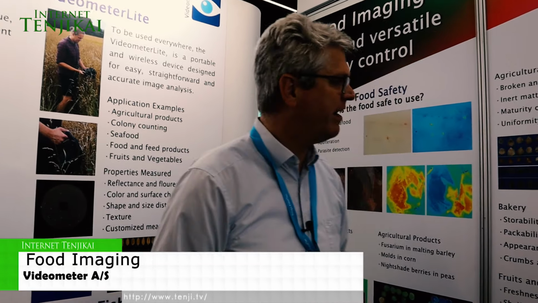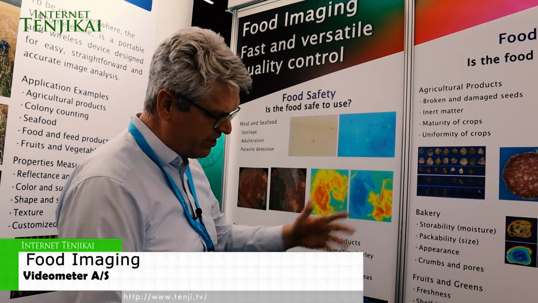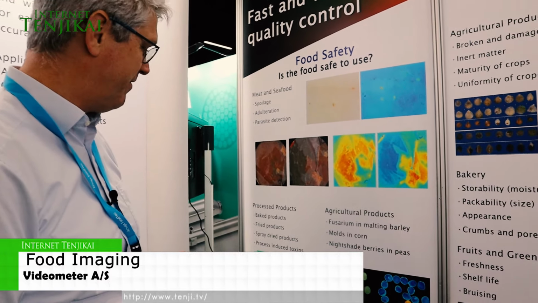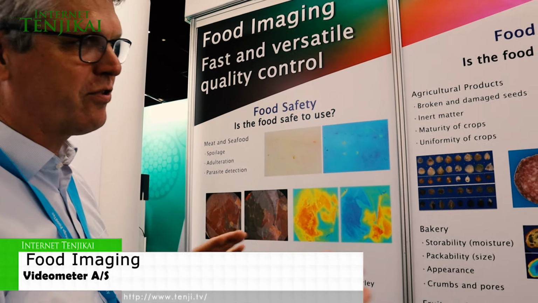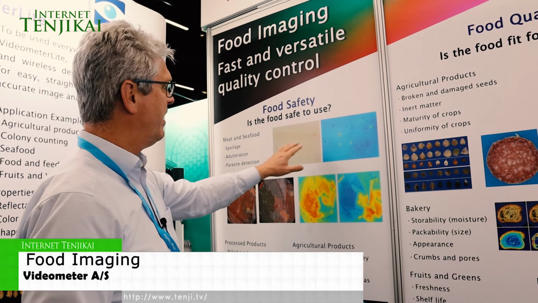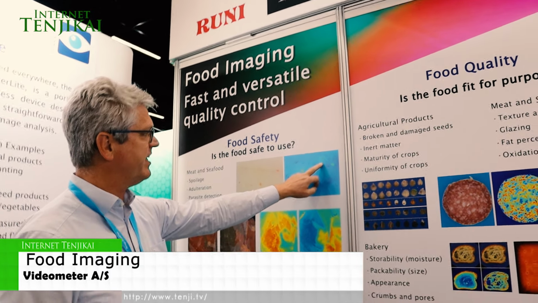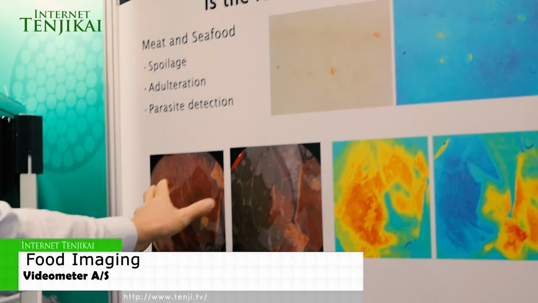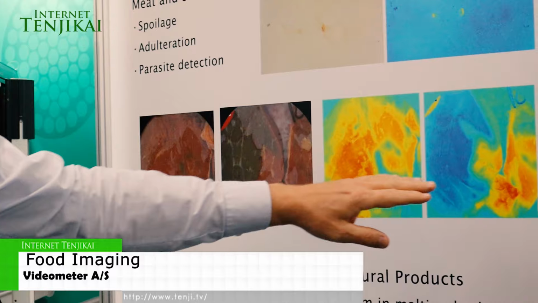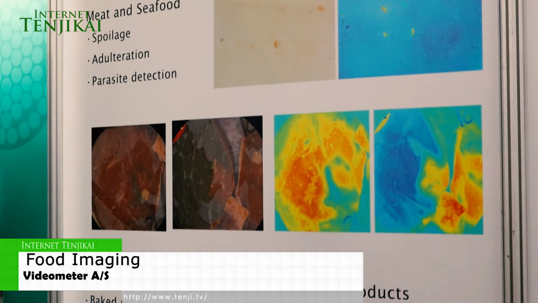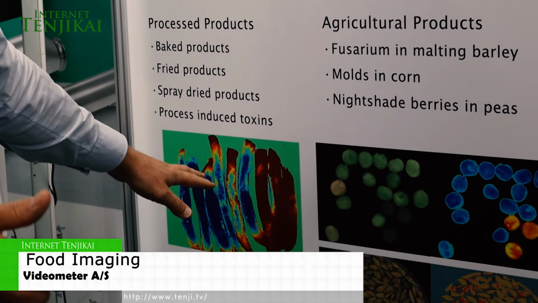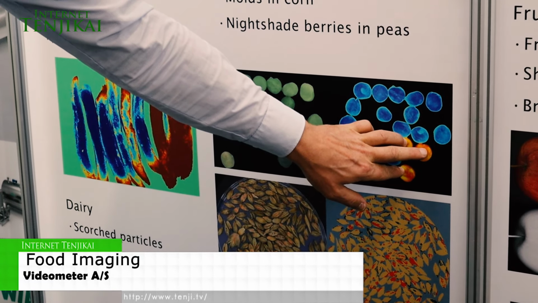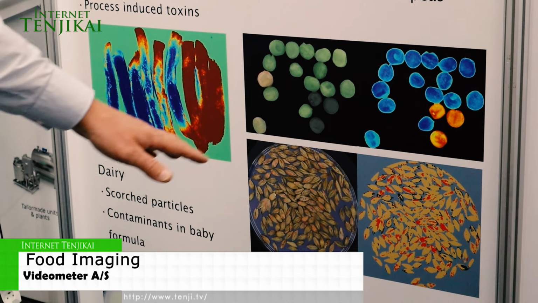And on this wall we have a very large number of other examples, and they are all around the same thing. So detection of parasites, anisakis in Atlantic cod. This is oxidation of meat when you look at it inside the packaging. This is frying of French fries, peas and poisonous nightshade seeds inside the peas.